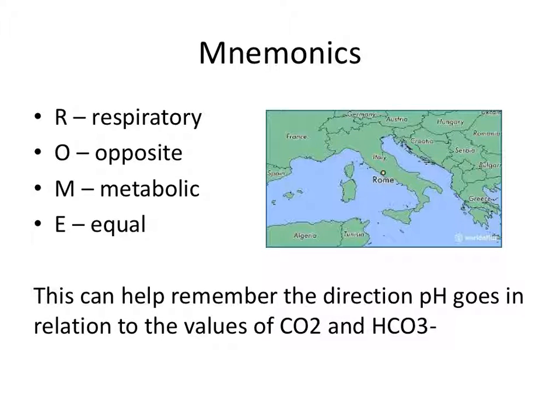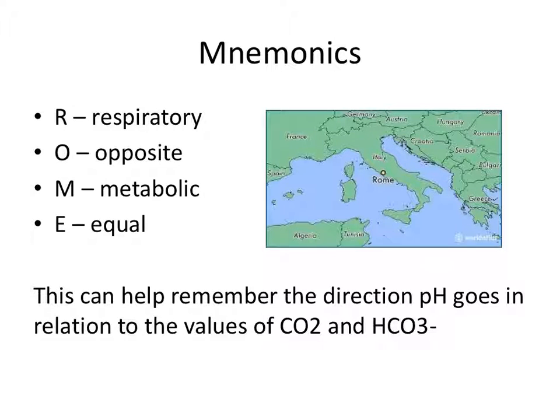Mnemonics are sometimes helpful. This one's one that I liked. ROME, R-O-M-E, stands for respiratory opposite, metabolic equal. This is to remember that as the value for CO2, for example, gets smaller, it's actually getting more alkaline, or the pH is going higher.